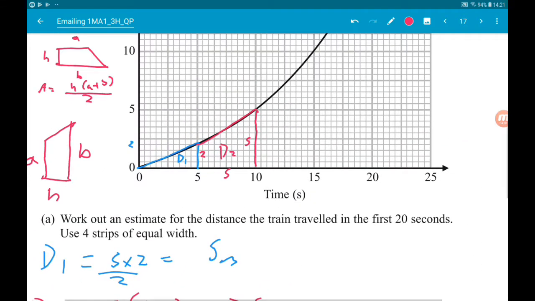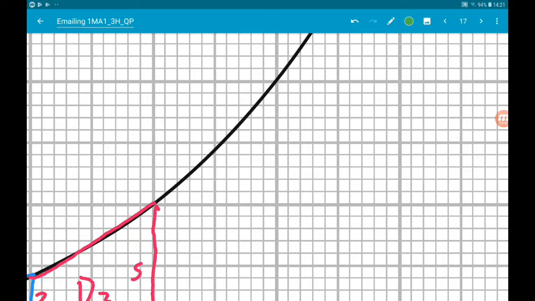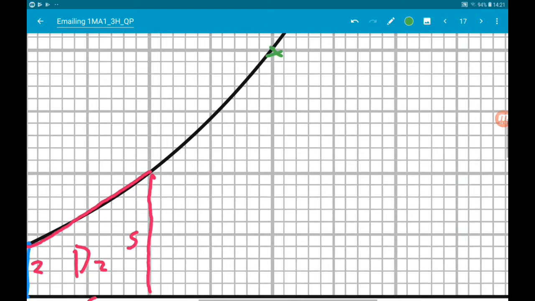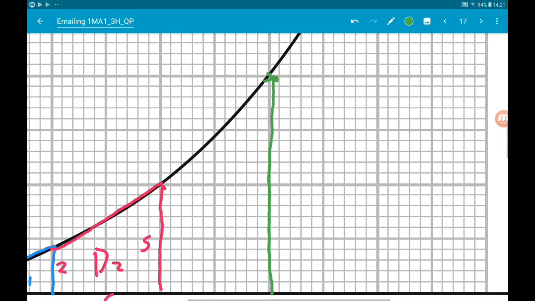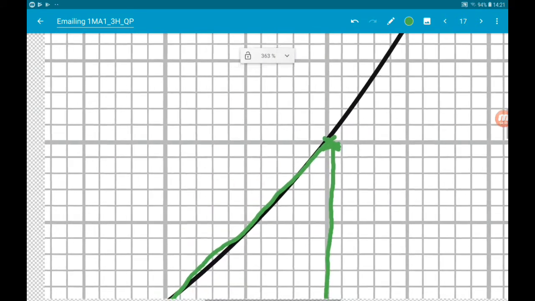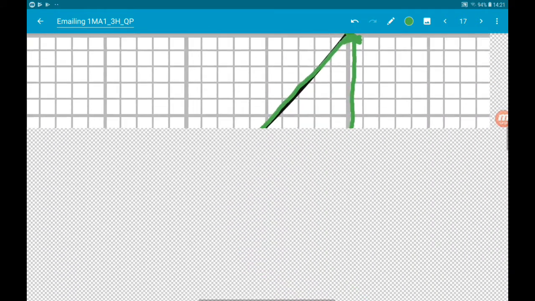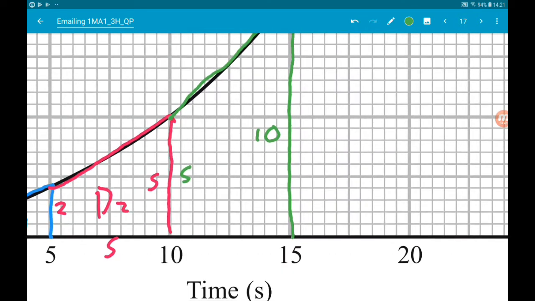Okay, then the next one goes all the way up to there, so this time this guy is 5, this guy is 10, and our height is 5.